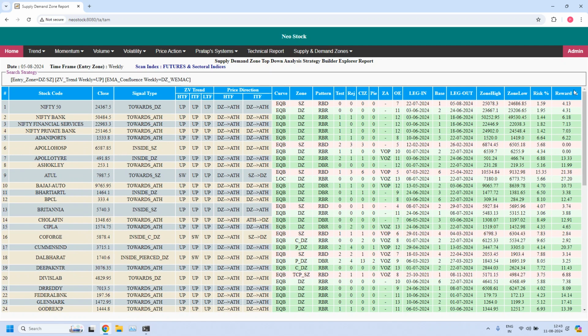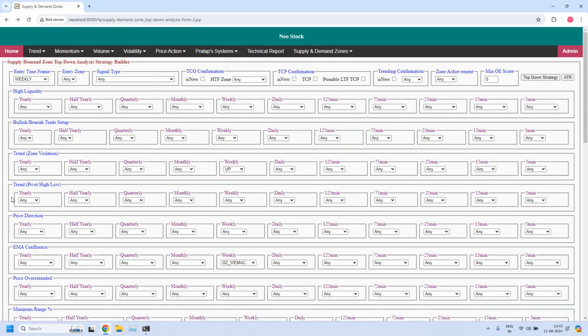Because the list is very big, let us check swing high low also having an uptrend. The trend, we already selected zone violation trend as uptrend. Now I am checking swing high and swing low, that is higher highs, higher lows, lower highs, lower lows, equal highs, equal lows.